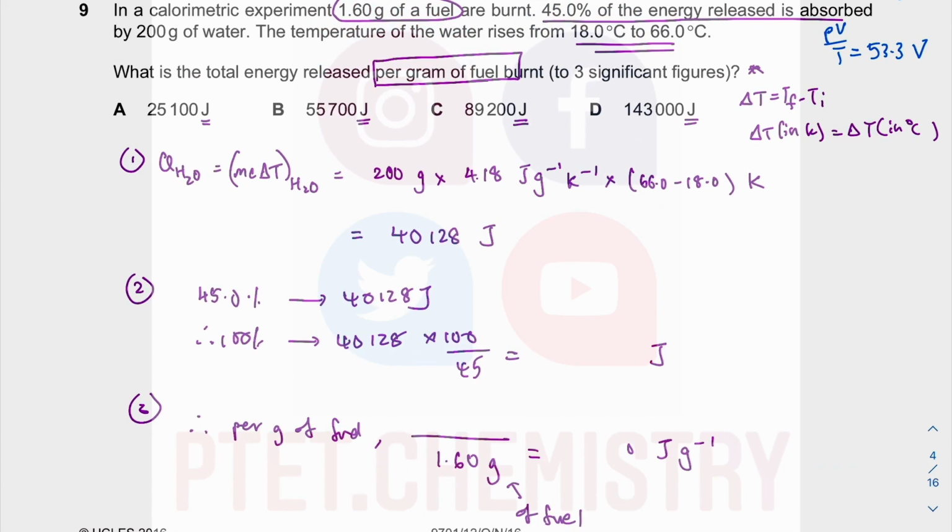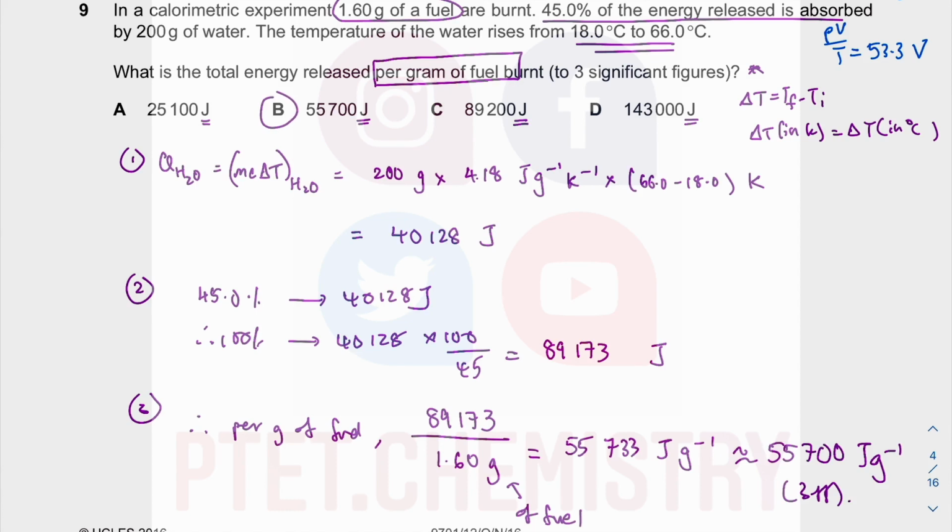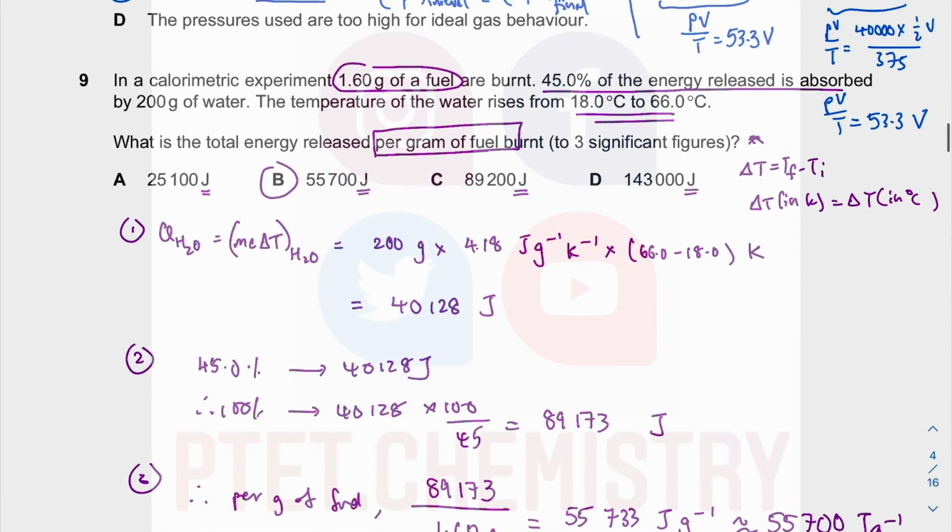But thankfully this is a multiple choice question, so I get to find out that my answer was not correct, okay? But you might not get that chance in a practical paper or in a theory paper, okay? So it's 55,733, and to 3 significant figures is 55,700 joule per gram. They already said per gram there, that's why they don't have per gram in the options, but that's just bookkeeping, yeah? Okay.